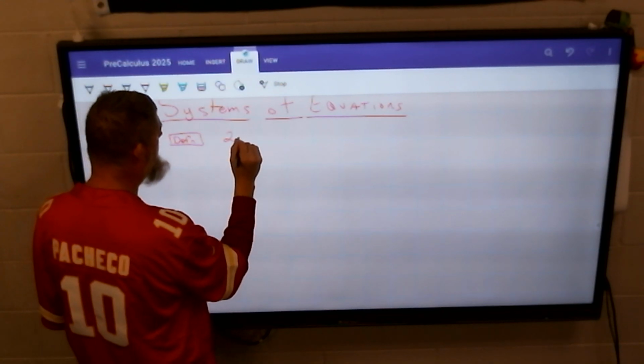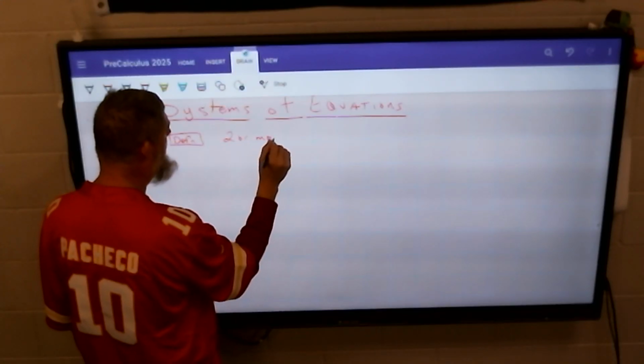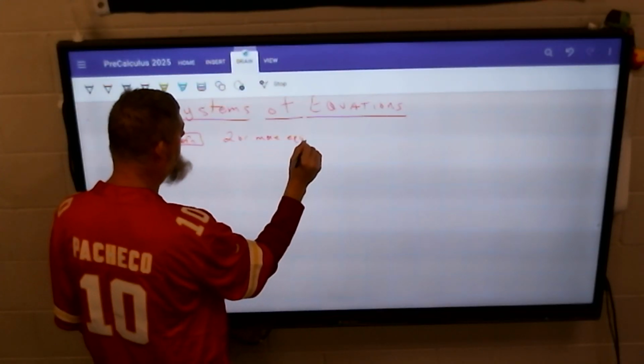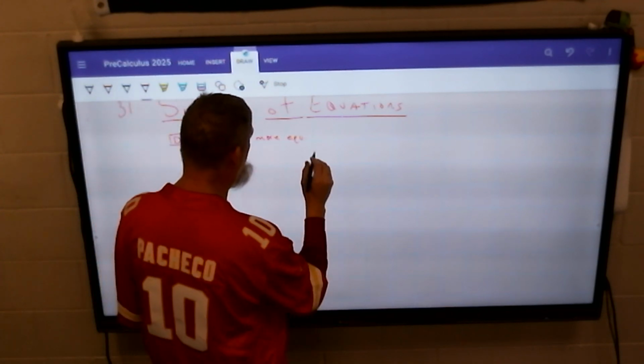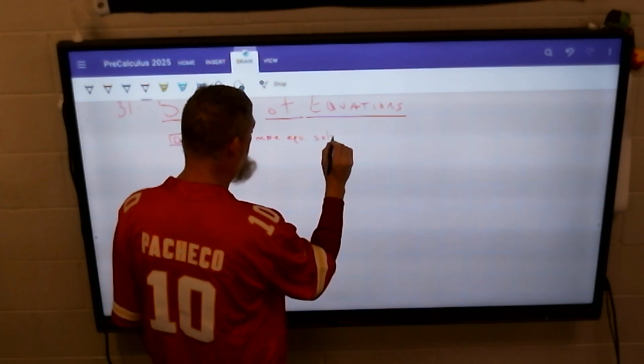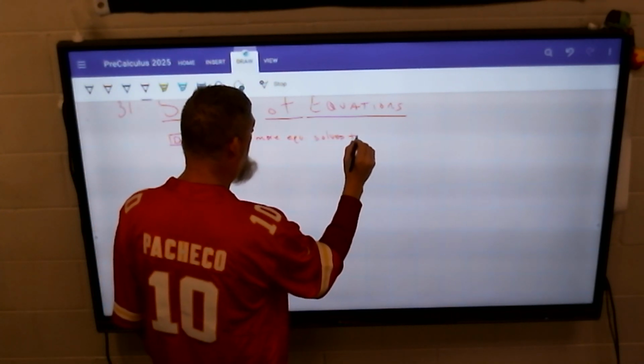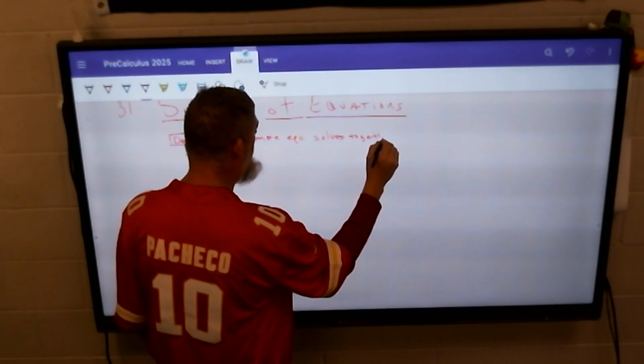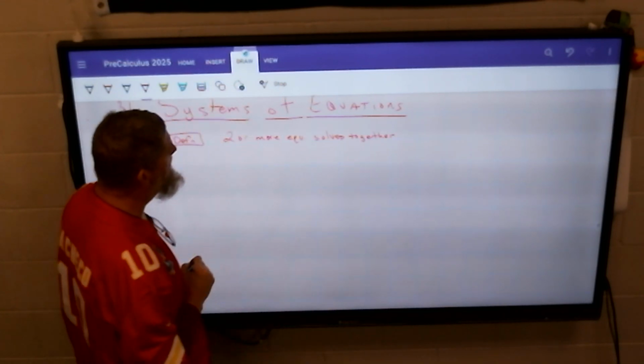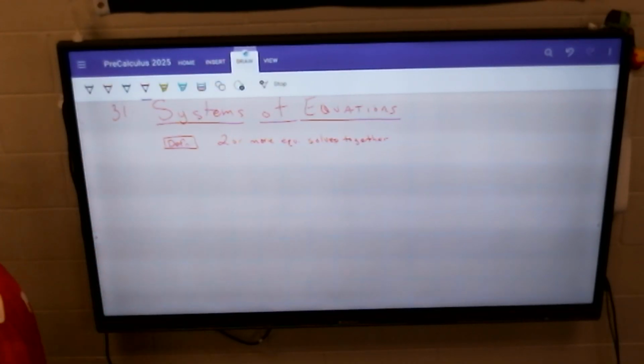Definition is two or more equations, and in lack of other wording, very simply, they're solved together. So it could be 3 equations, it could be 5 equations, it could be 10 equations. But they're solved at the same time. They have to all be at the same time.